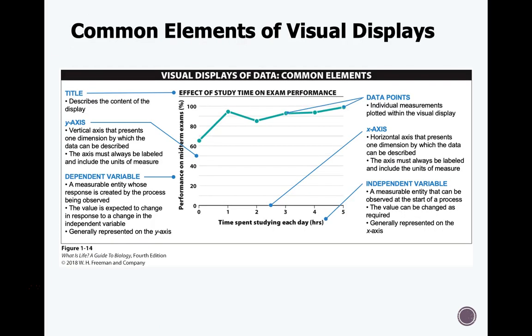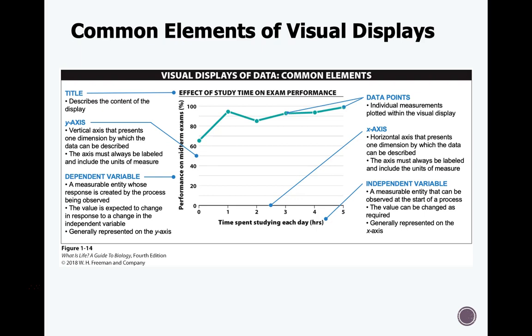So this graph over here, or this display, sort of shows all of the different important aspects of your graph. So we've got a title. We need to make sure that title describes the content. It can be long, it can be short, as long as it's succinct and actually says what the graph is showing. Then we have the y-axis.